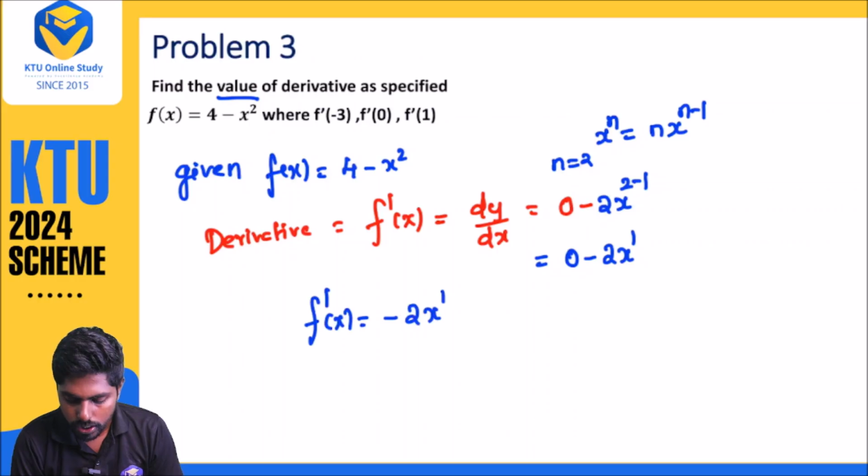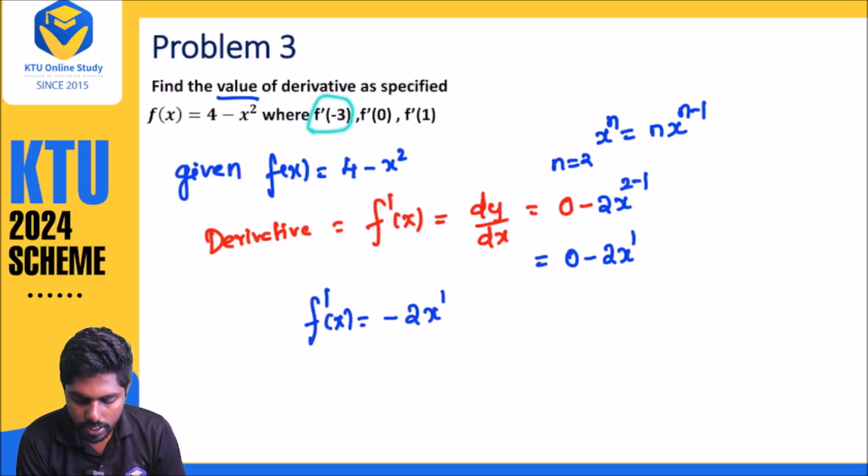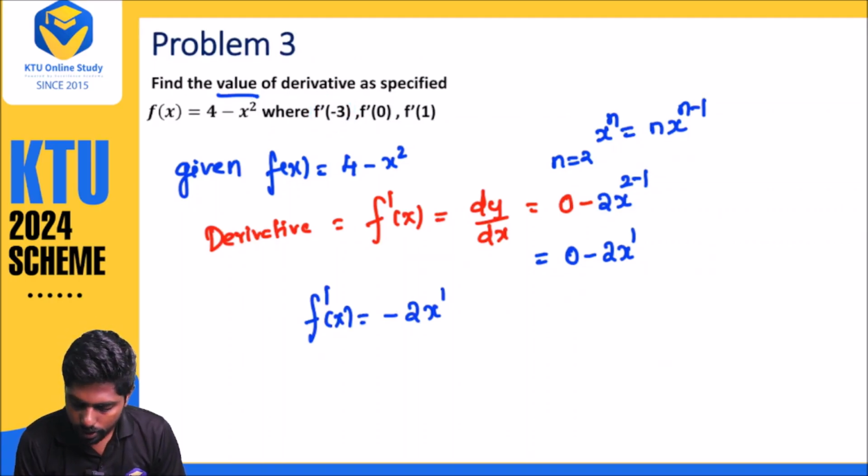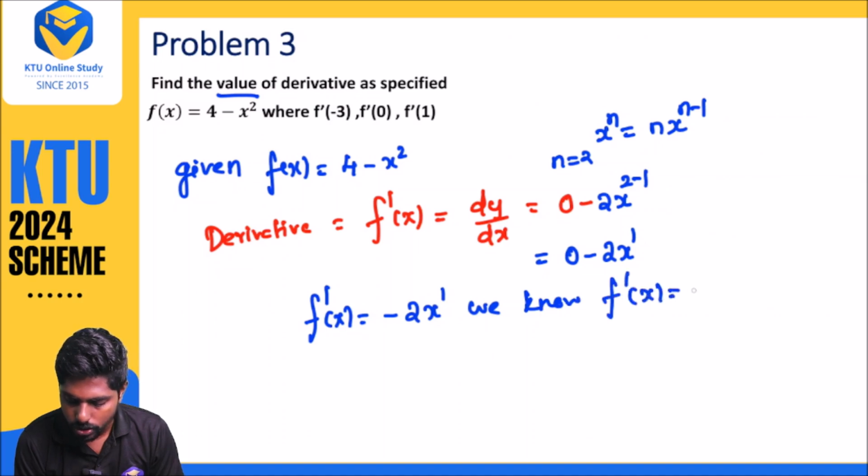So what is the question they have given? They have given f dash of minus 3. So we know f dash of x is equal to minus 2x power 1.